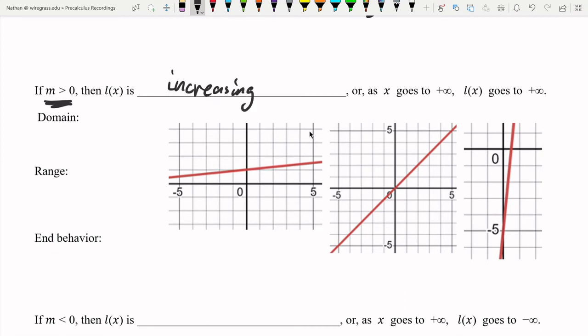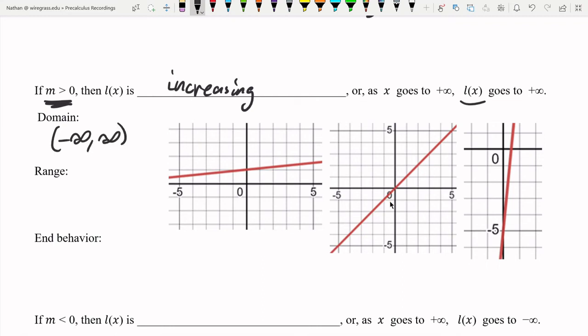because L of x gets larger and larger. As x goes to positive infinity, L of x goes to positive infinity. We always read left to right, so that's the reason why we look at x going to positive infinity, with the function going upward to positive infinity. That's an increasing function. Now, all 3 of these linear functions, in fact all linear functions, have a domain of everything.